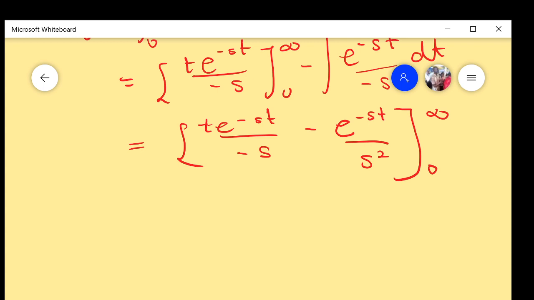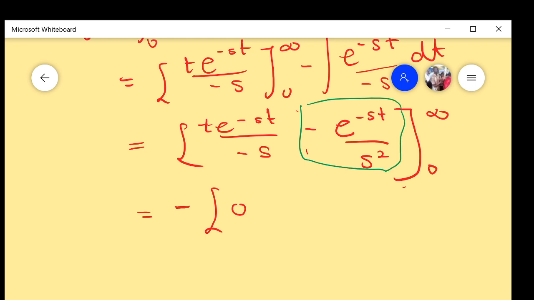For the infinity side, we know everything is going to go to 0. So we are going to arrive at something like this: minus into bracket 0 for this part. So we are just left with this part to solve.